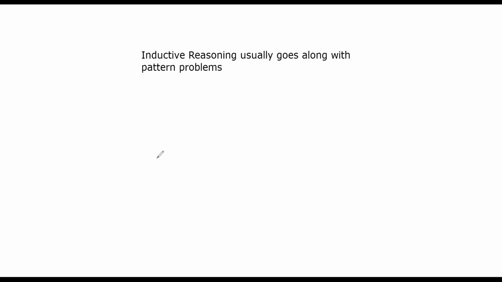Here's a bit why. Let's start with a very easy pattern. 3, 6, 9, 12, 15, and then we put a little underscore there, and so the implication is fill in the blank.